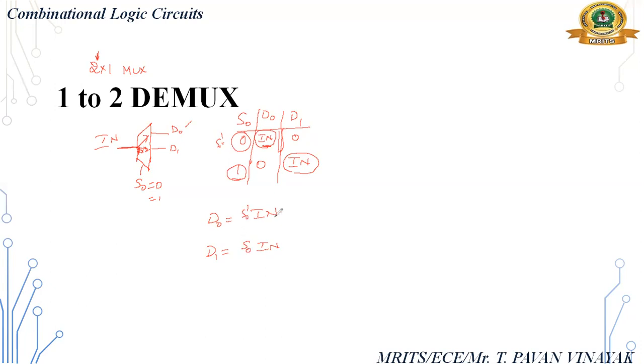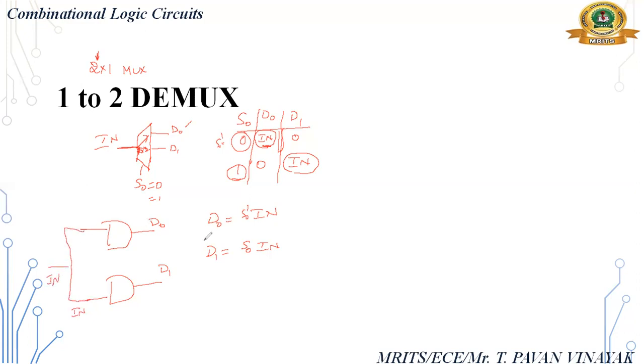So the circuit is D0, D1. Okay. IN is common. IN is common.